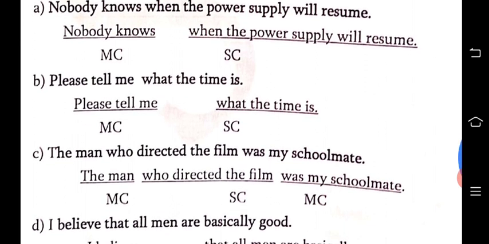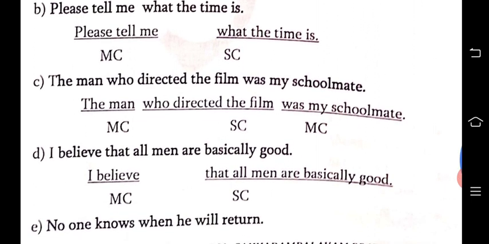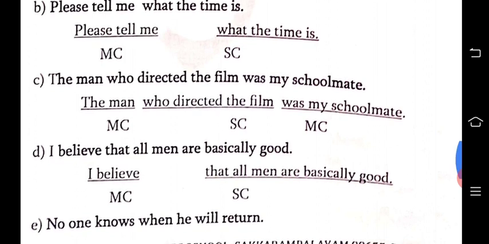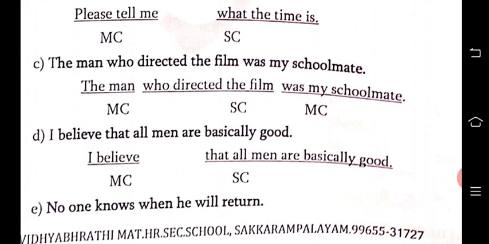And then please tell me what the time is. Please tell me is the main clause, what the time is is the subordinate clause. The man who directed the film was my schoolmate. The man, main clause; who directed the film, subordinate clause; and again was my schoolmate, main clause.